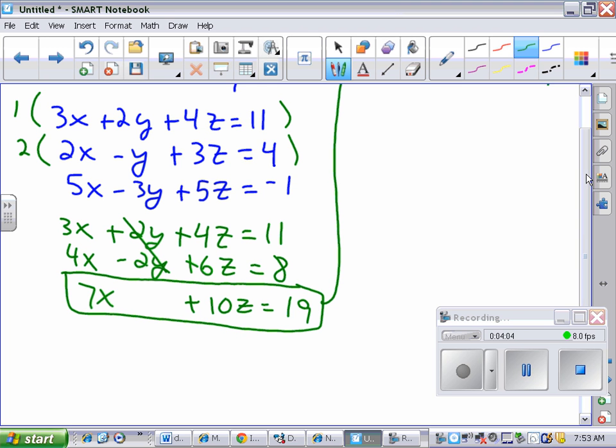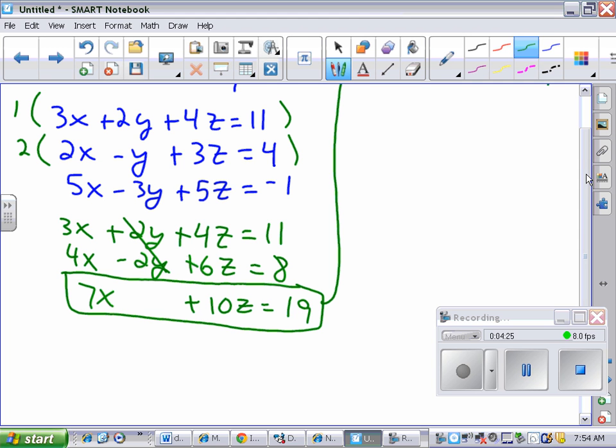Since I chose to eliminate the y and I used equations 1 and 2, I need to eliminate the y again. But now, I can't use equations 1 and 2 again or I get the same one. So I need to use either 1 and 3 or 2 and 3. I got to do the same exact thing again, but choose 2 other equations.